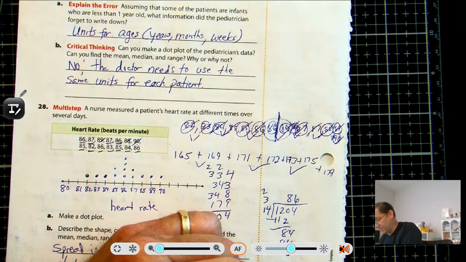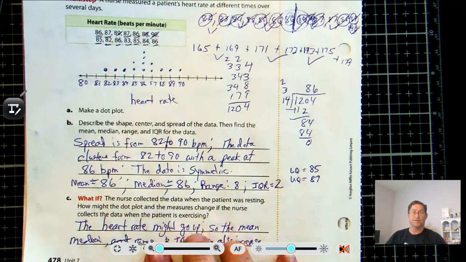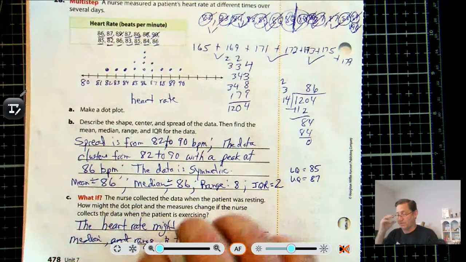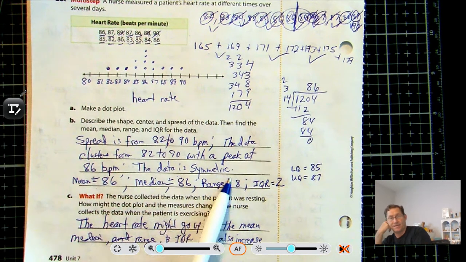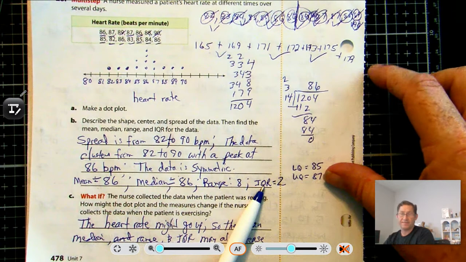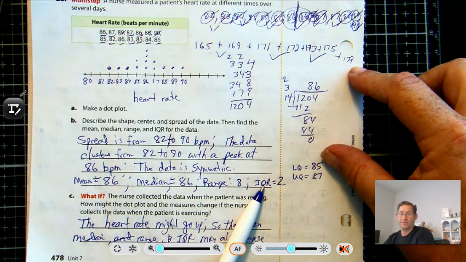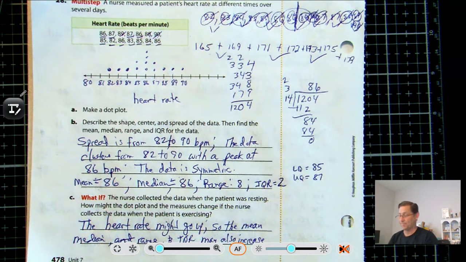So the IQR is 2. Okay. All right, so again, the mean of B was 86, the median was 86, the range is 8, and the IQR is 2. The upper quartile was 87, the lower quartile was 85. So 87 take away 85 is 2.